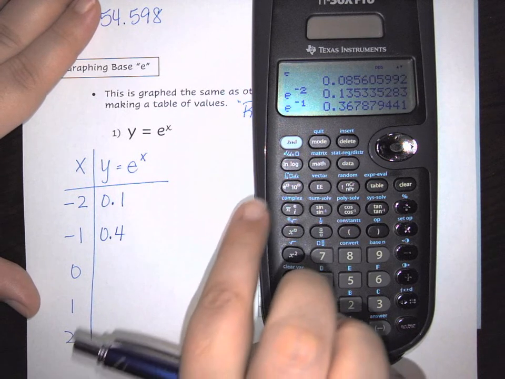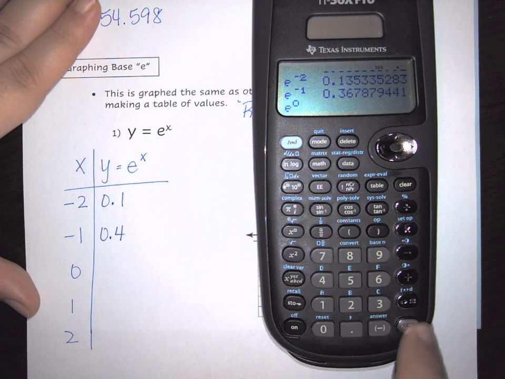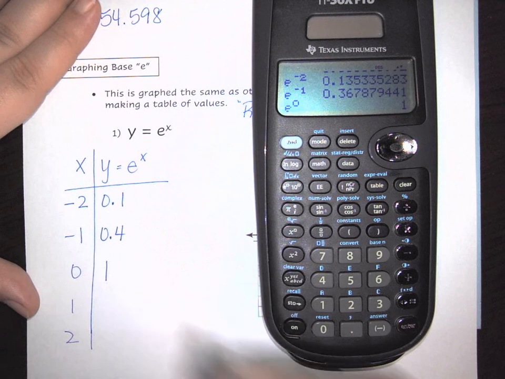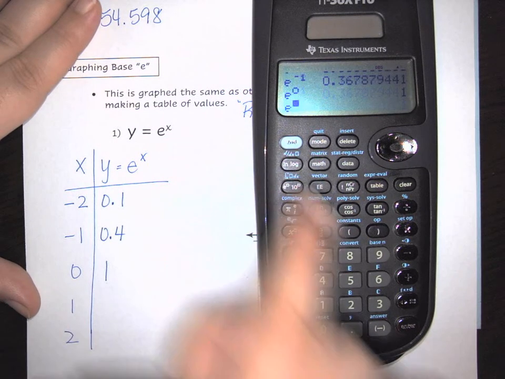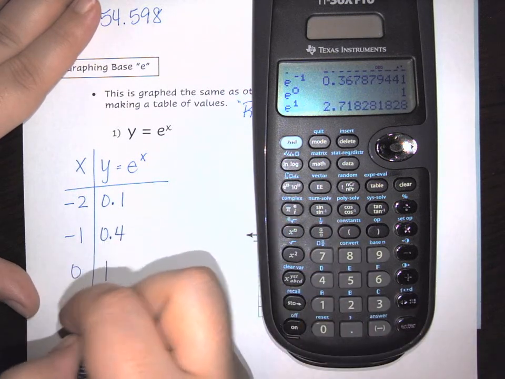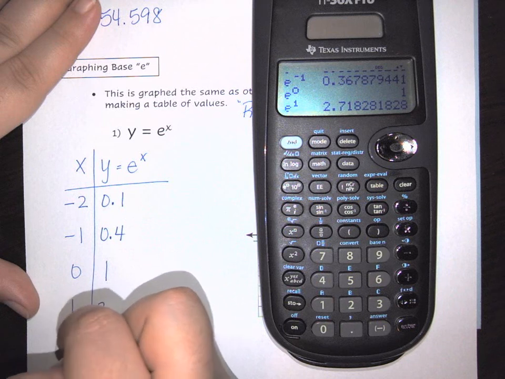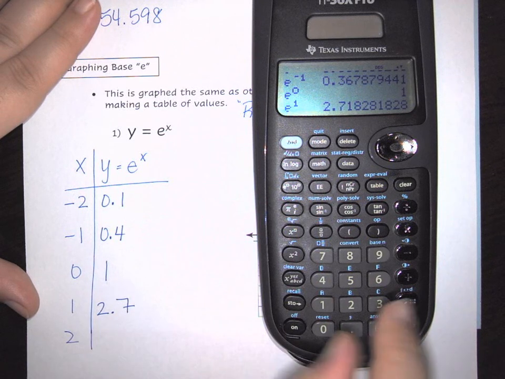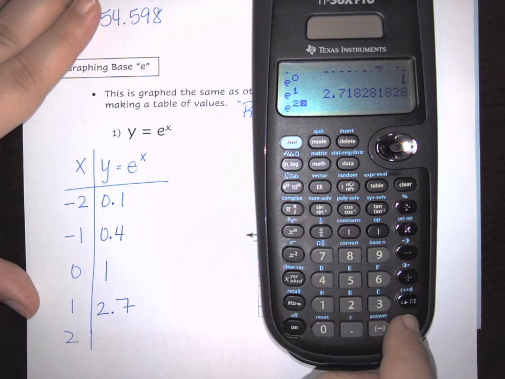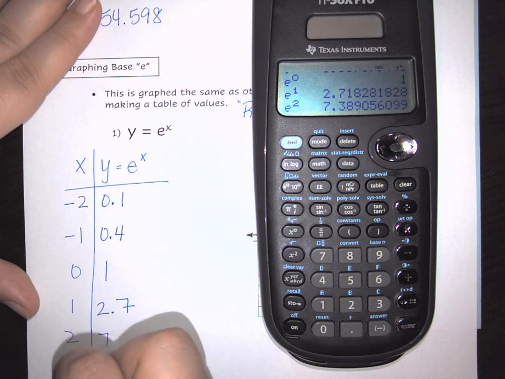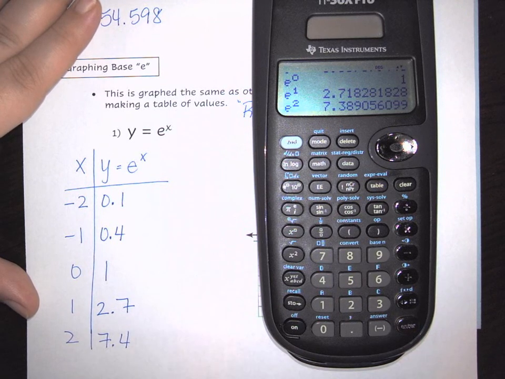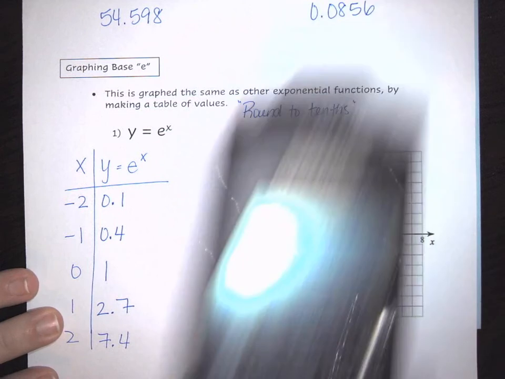Then we can do E to the 0 and hit enter, and notice you get 1. Then we would have E to the first is going to give you 2.7, and then E to the second is going to give me 7.4.